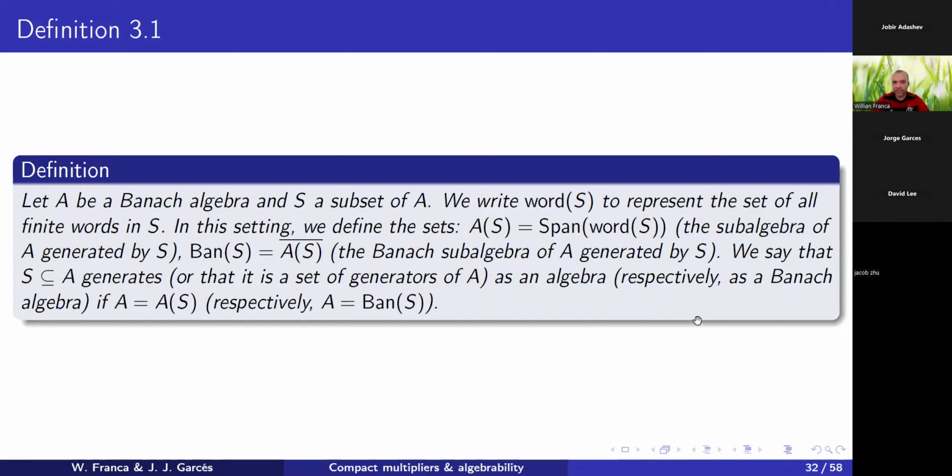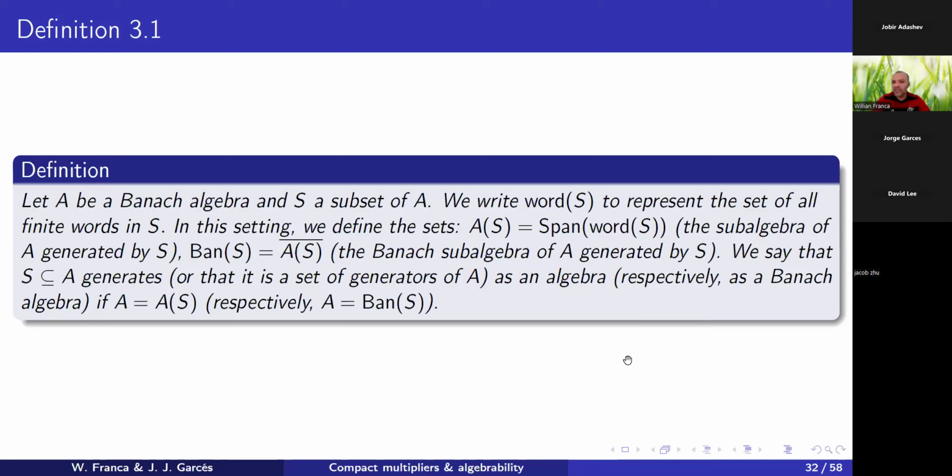So you can do this, all right? With this set in mind, we can define the span of the set of words. That generates a subalgebra of A generated by S. If you consider the closure, we have the Banach subalgebra generated by S, okay?